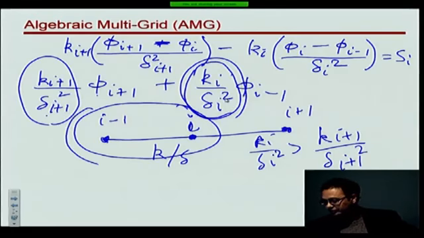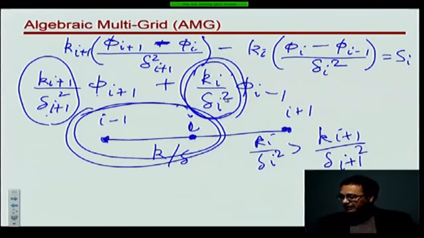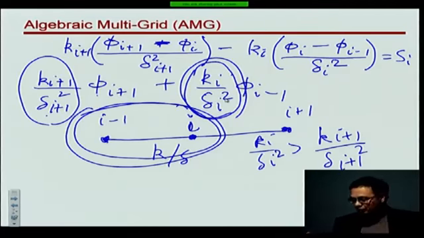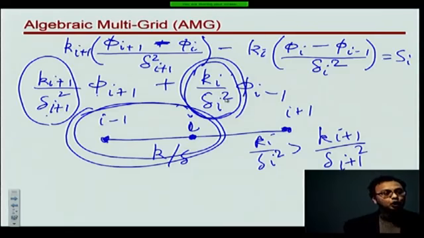Why? Because the link coefficient here is larger. The physical reason is that the temperatures at I and I minus 1 will be very close. So the assumption we made in the previous slide, phi 3 equal to phi 4 equal to phi A, becomes more justified.